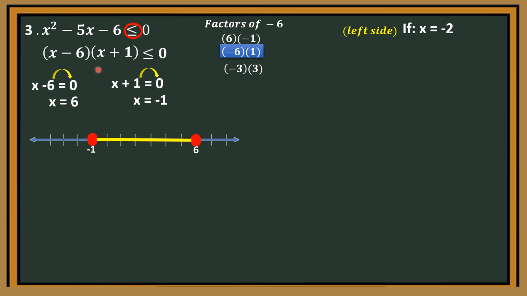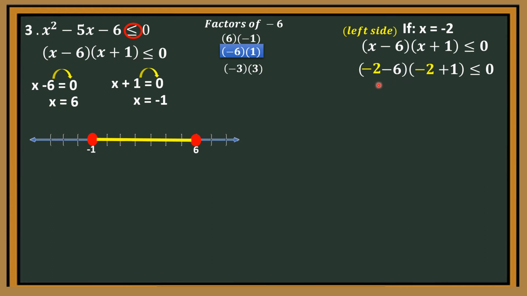Then, let us use yung factor form kasi mas mabilis. So, x minus 6 and x plus 1 less than or equal to 0. Then, substitution. So, yung x, papalitan na natin ng negative 2. Then, same dito, negative 2.